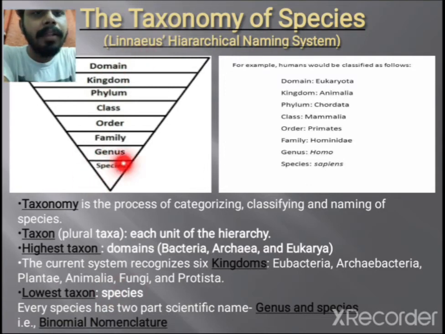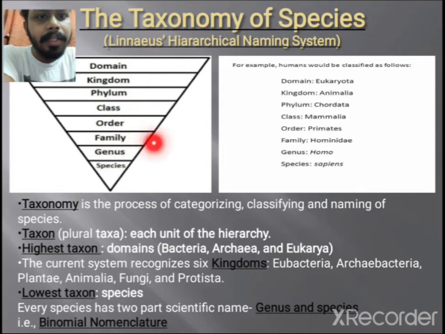So how can we describe this taxonomic hierarchy? Suppose two organisms share their characteristics with each other, or two strains share their characteristics with each other, then we can say that the two organisms belong to the same species. In that way, if two species have a few similarities with each other, then we can say that the two species belong to the same genus.